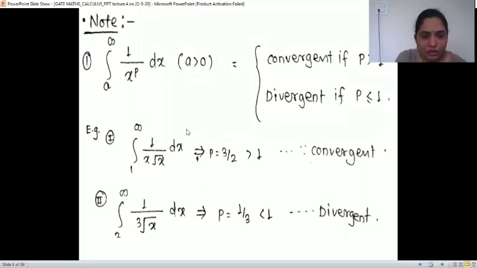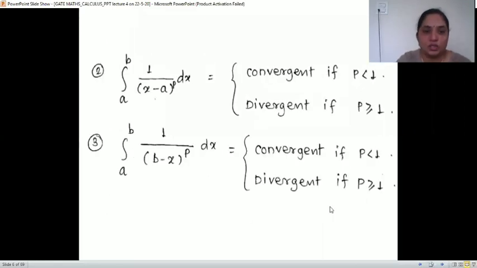For example, integration from 1 to infinity of 1 upon x raised to half, and 1 plus a half, that is 3 by 2. First we check the lower limit 1, which is greater than 0, so we can apply this rule, and then we check the power of x. Here it is 3 by 2, and 3 by 2 is greater than 1, so we can say it is convergent. Second, this is the cube root, so the power is 1 by 3. The lower limit is again 1, not 0 or less than 0, then p is 1 by 3, which is less than 1, therefore it is divergent.